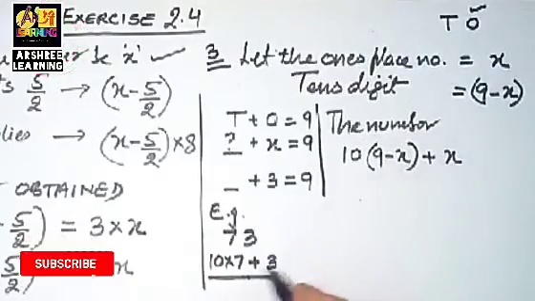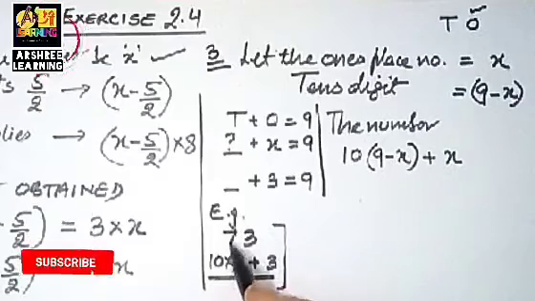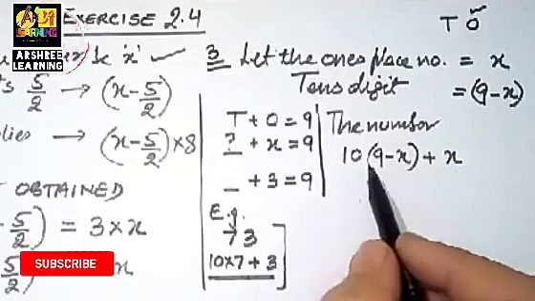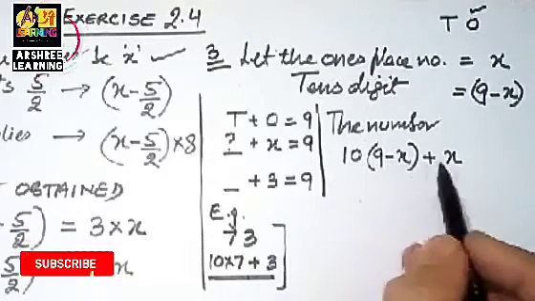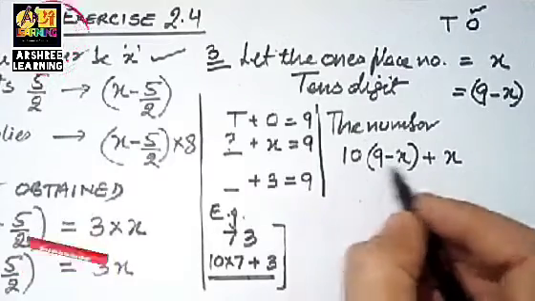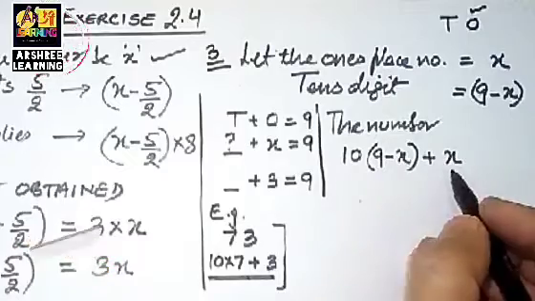Why is it this? See this example: 73 is written as 10 into 7 plus 3. So 10 into 7 is 70, plus 3 is 73. In the same way, this number is 10 into 9 minus x, plus x. Now this is a linear equation having variables, so we will have to simplify this.